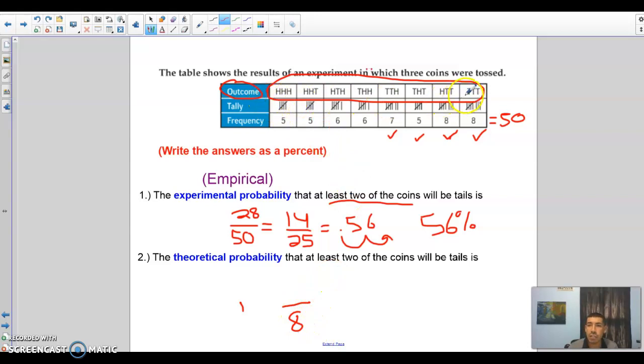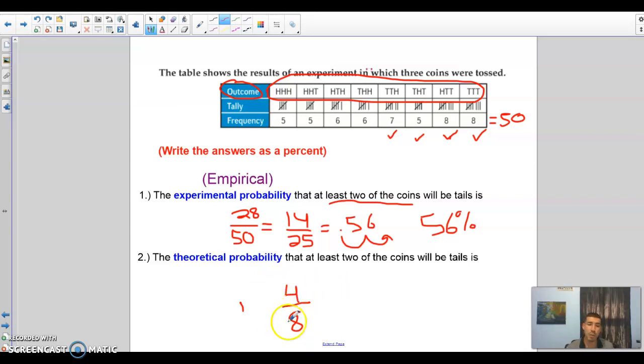From those outcomes, just looking at the outcomes, how many of those are at least 2 tails? Again, we look at these 4. So it's 1, 2, 3, 4 columns. So 4 over 8 is the answer.